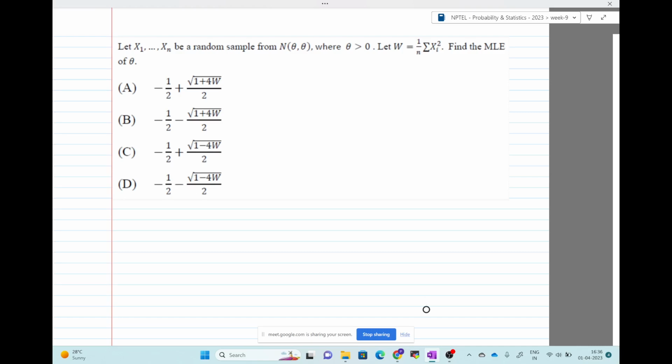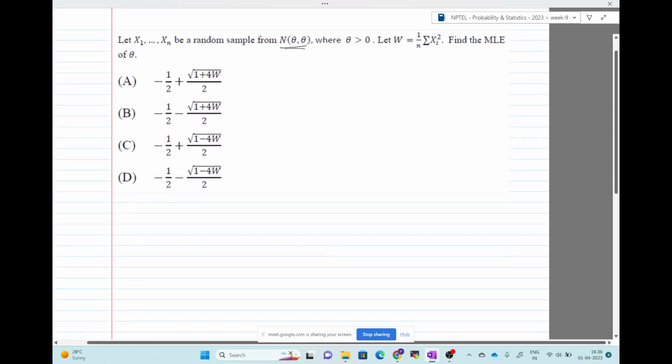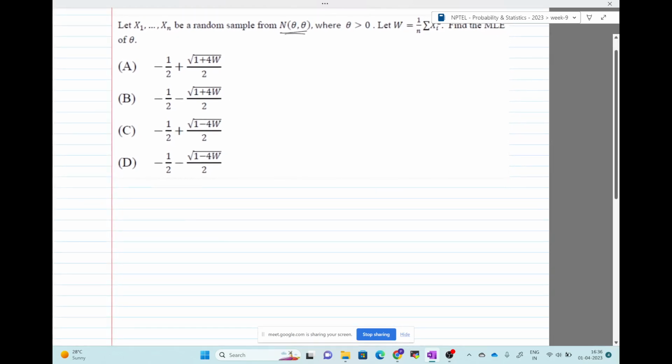So now we are given n random samples from this normal distribution, and we are asked to find the maximum likelihood estimator. So we know the procedure.